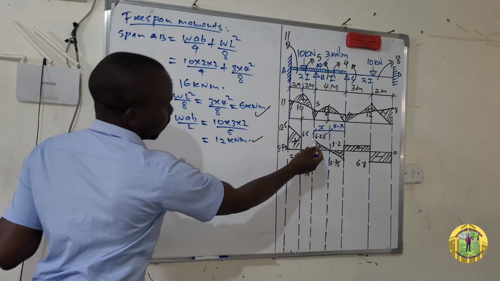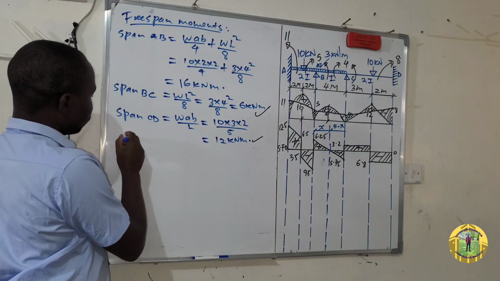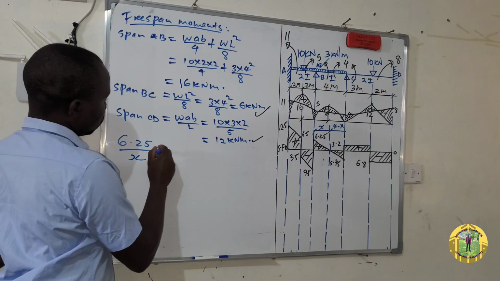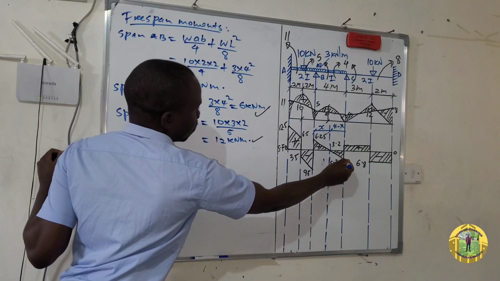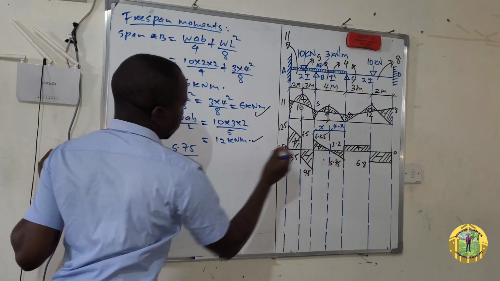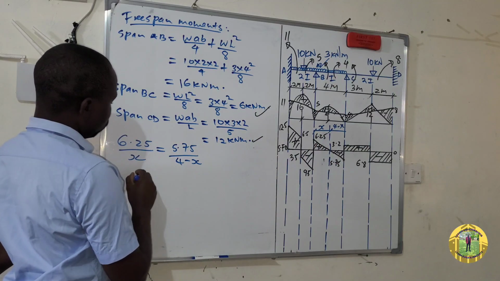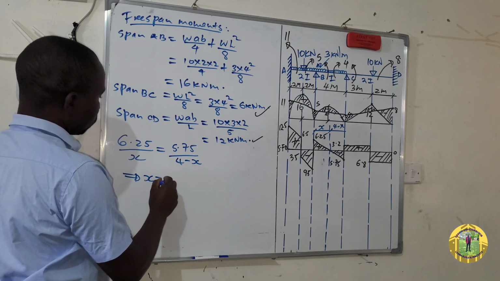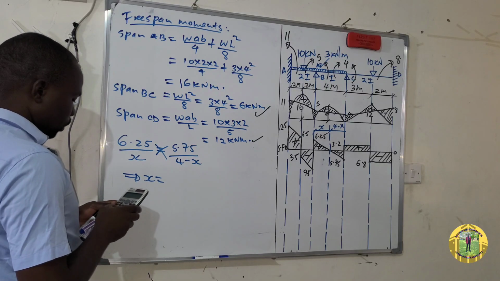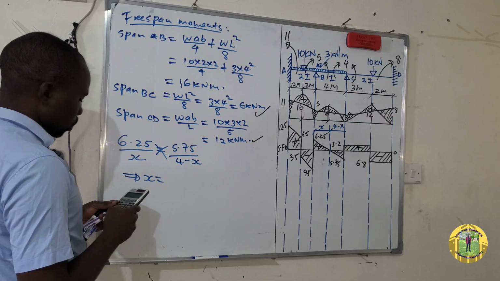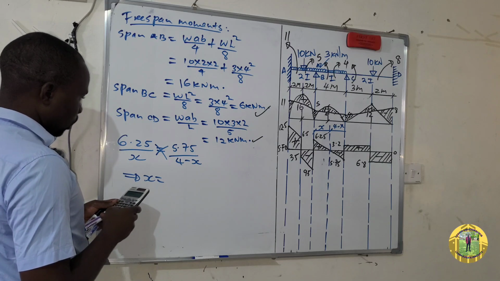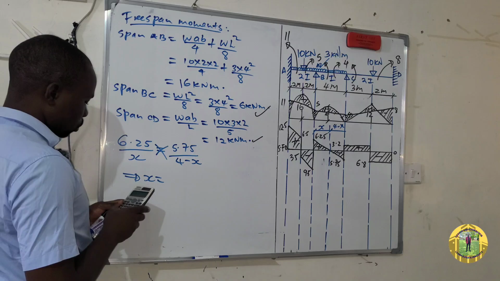From here to here is 6.25 over, from here to here x, which is equal to, from here to here, 5.75 over, from here to here, 4 minus x, which implies, cross multiply, x will be 6.25 times 4 divided by 5.75 plus 6.25.